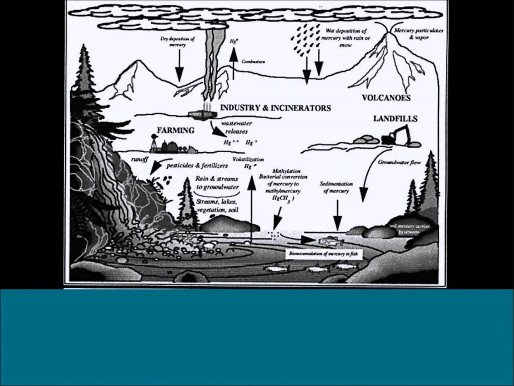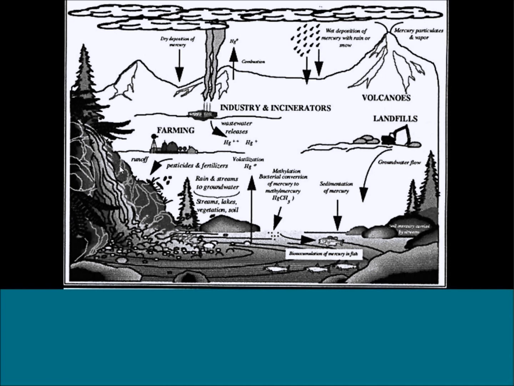It is easily transported from sources into other locations such as rivers and streams. Primary sources could be industry or natural occurrences such as volcanoes. Emissions get into the air. They can fall down as either a dry deposit onto land, or come down in precipitation, rain or snow.